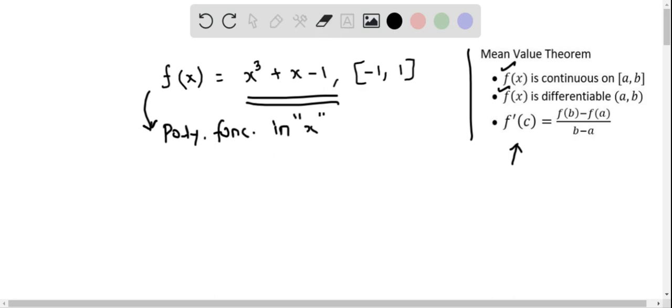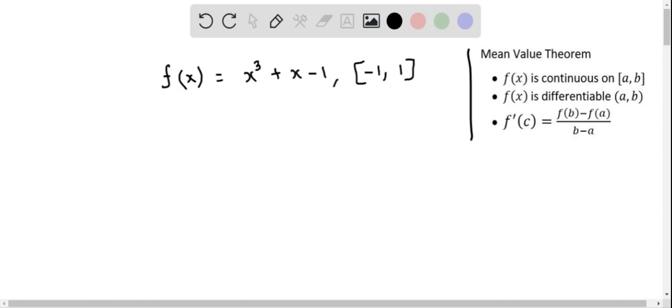So again, going by the same justification, we say that this function f of x is also differentiable in the interval -1 comma 1. And this means we have verified that this function f of x satisfies the mean value theorem.